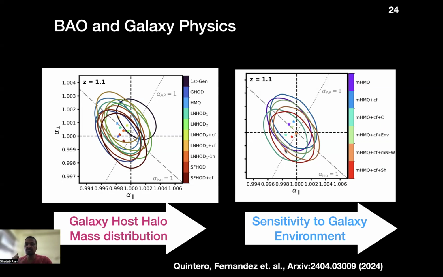So you get about 0.2% error based on these tests, and you can improve this because it is also limited by how precise our simulations are. If you say you cannot do better than that, then you cannot measure BAO better than 0.2%. And when you measure BAO at 0.2% precision, that means your systematic error and statistical error are equal, and you don't want to be in that regime.